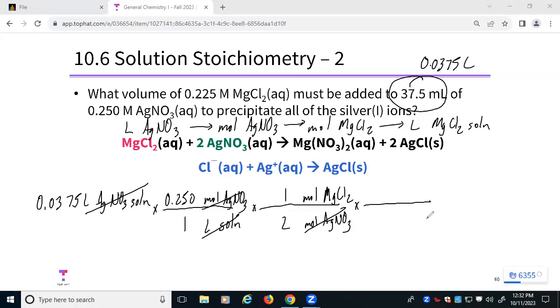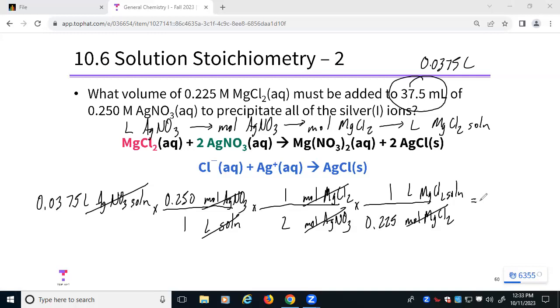My last step is to convert the moles of magnesium chloride into liters of magnesium chloride solution. Here again is where molarity is coming in. Molarity tells us that there is 0.225 moles in every liter of solution. So my moles cancel. I'm left with liters of solution.